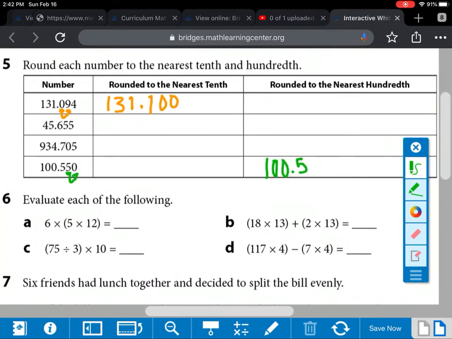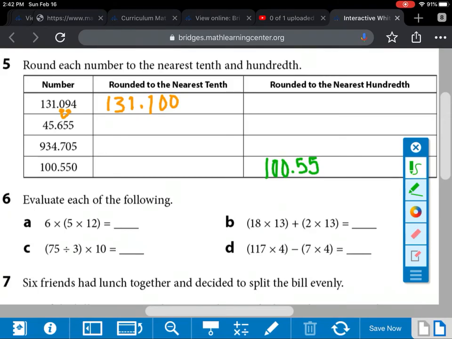And now I'm looking at this number to the right to tell me, am I going to bump my number up or keep it the same? So since 0 is 4 and below, I am not going to change my number that I want to round. It's going to stay the same. And then I can either write a 0 after that or just leave it blank. Anything after that number that I round can just go away.